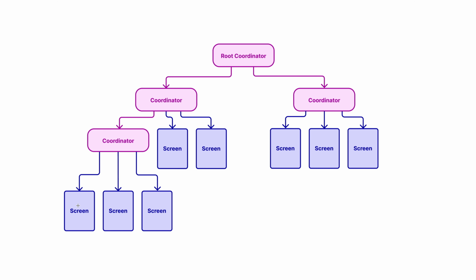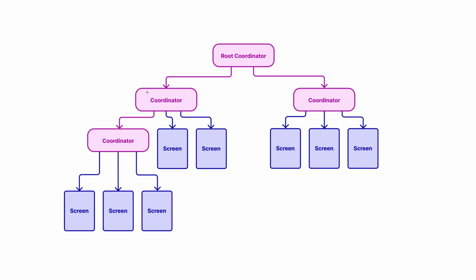The user can see the first screen. For example, it can be an enter-email screen, then entering a nickname for the user, and the result of registration. Then this registration coordinator ends its work and moves control to the super coordinator, the authorization coordinator, and this authorization coordinator logs in the new user.